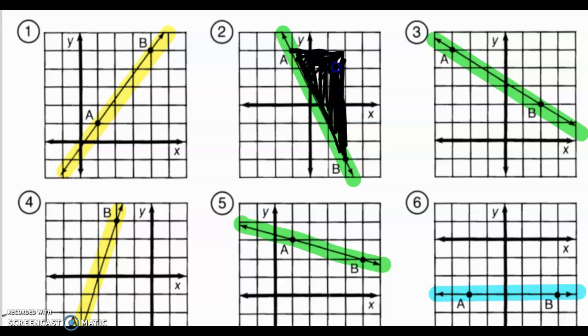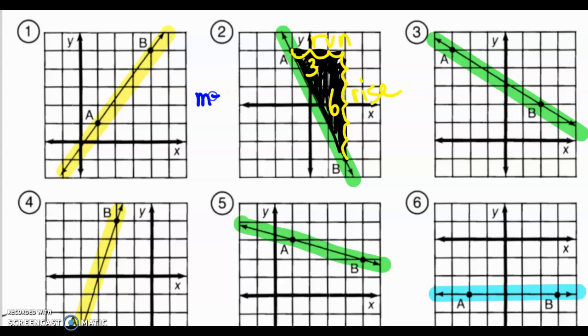Can you guys see that? So it's 1, 2, 3 in the run department. And it's 1, 2, 3, 4, 5, 6 in the rise department.